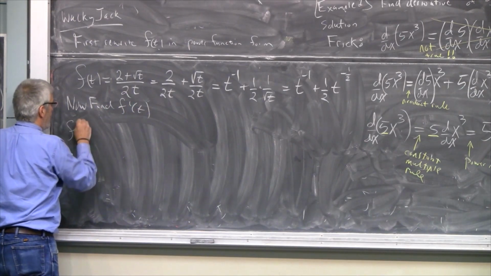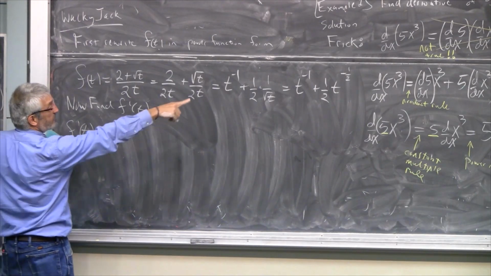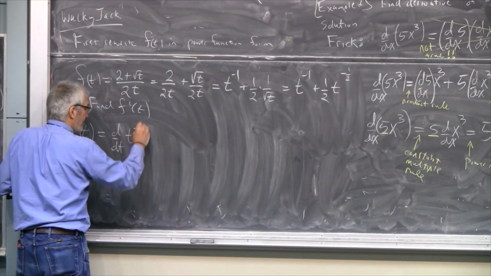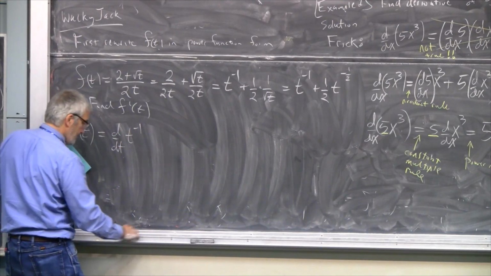So f prime of t is going to be the derivative of that. So the derivative of t to the minus 1, we can use the sum and constant multiple rule.